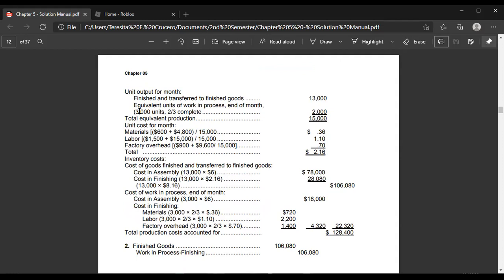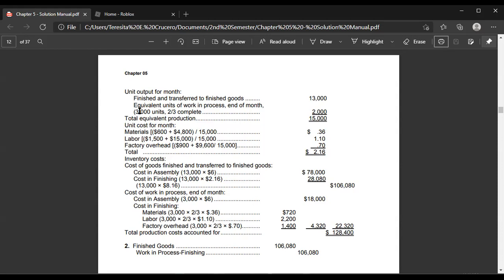So you get 0.36, labor 1.10, and factory overhead 0.70. So the total is $2.16.